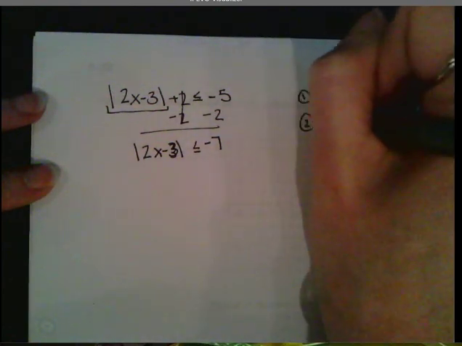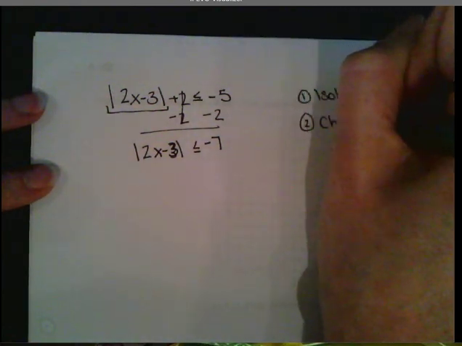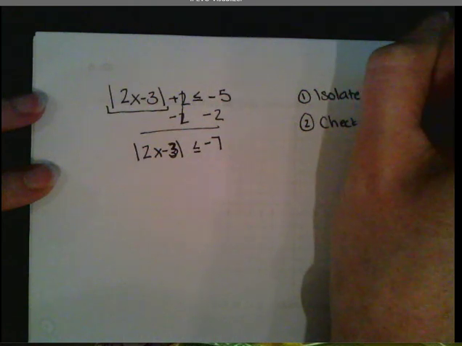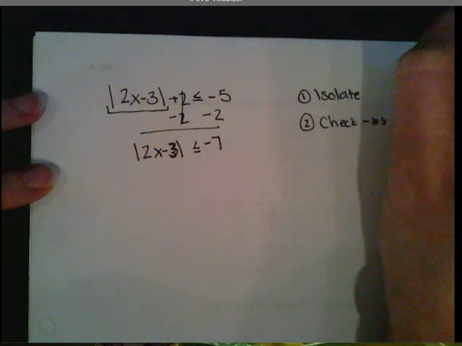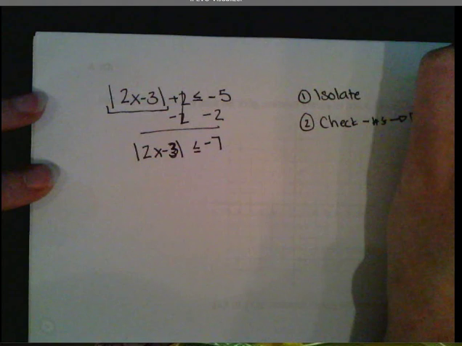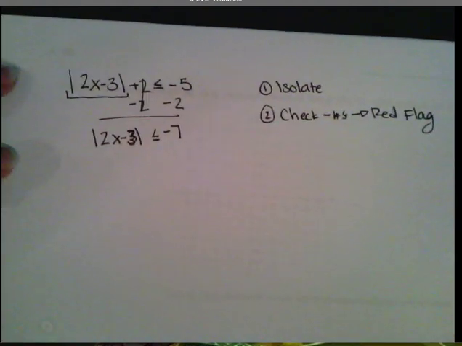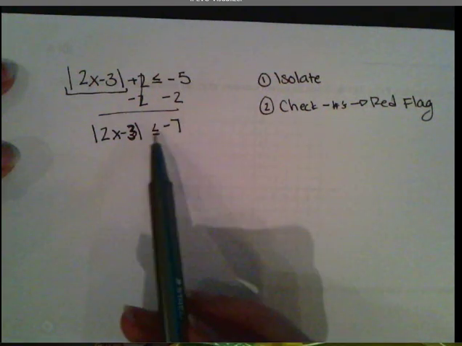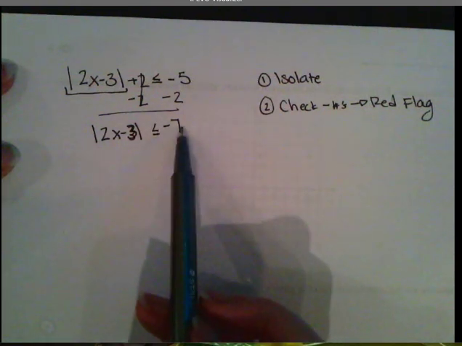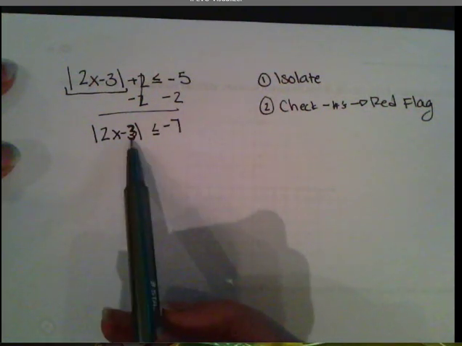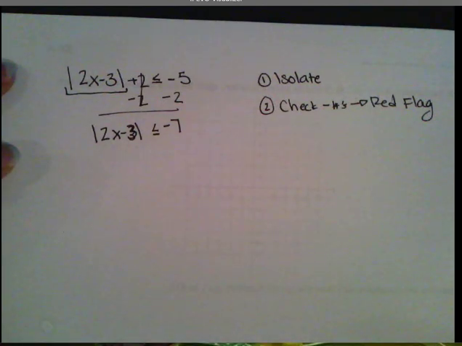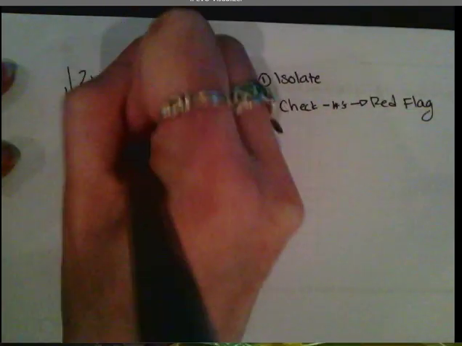My second thing is to now check for negative numbers, because that's going to be a red flag. So this time we don't necessarily know what it means right away, but we know that something is going wrong. And so when I see this inequality with less than here, this negative value, well, the types of numbers I'm getting out of absolute value are always greater than or equal to 0.